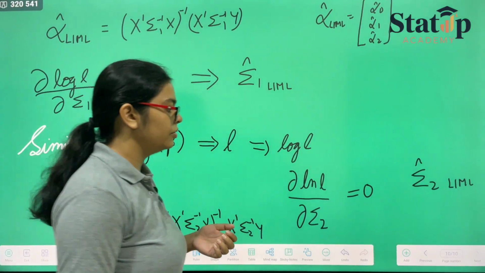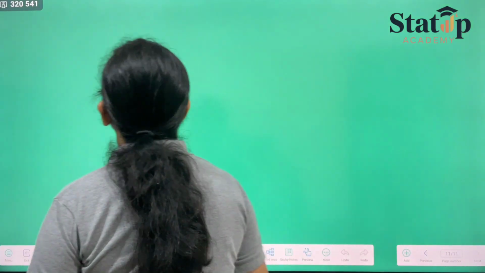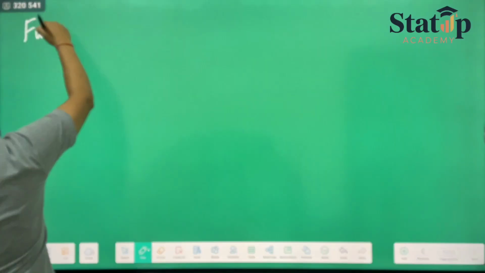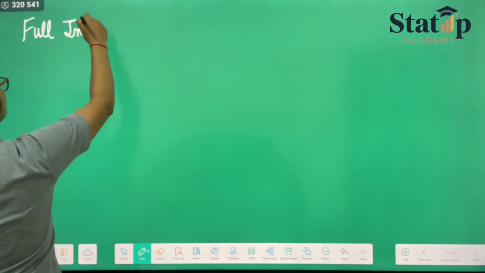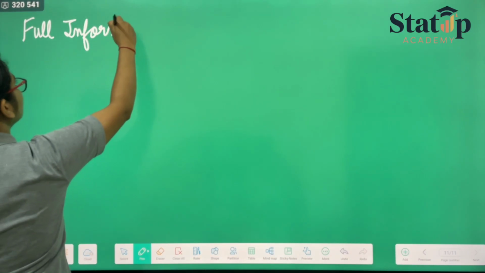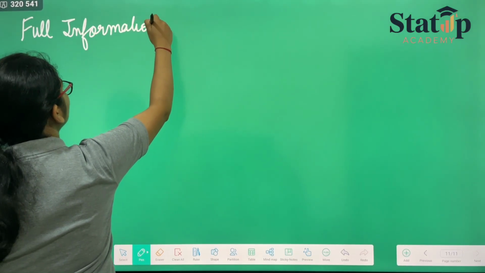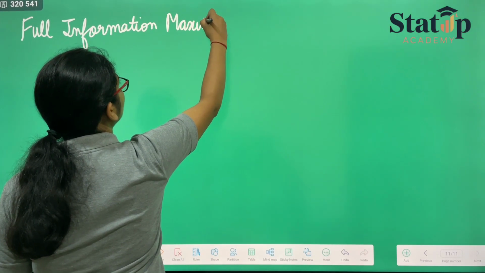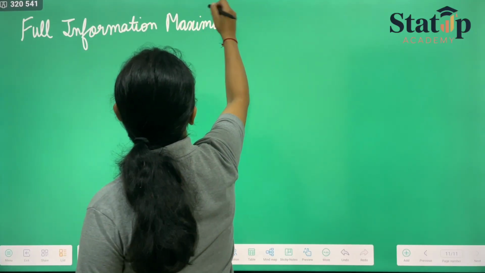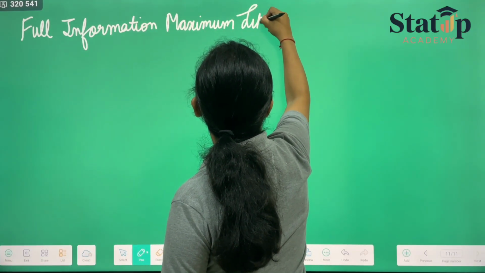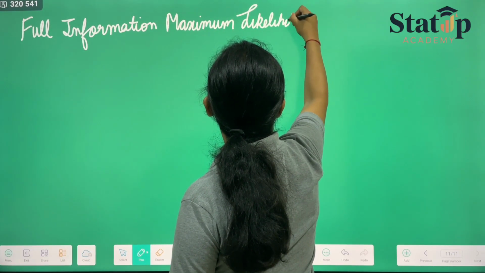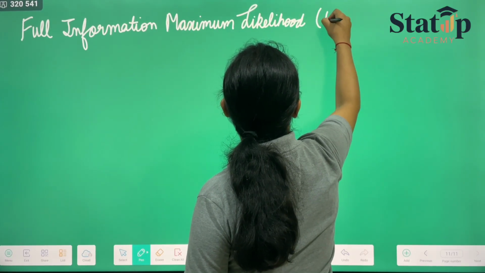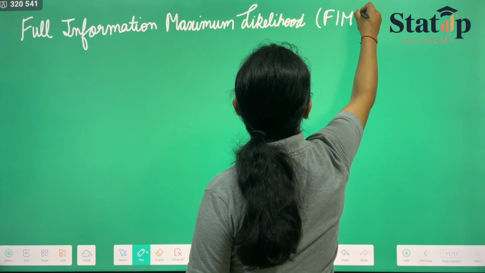Now moving on to the second method, which is full information maximum likelihood, FIML.